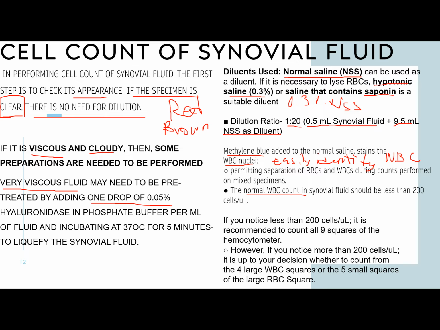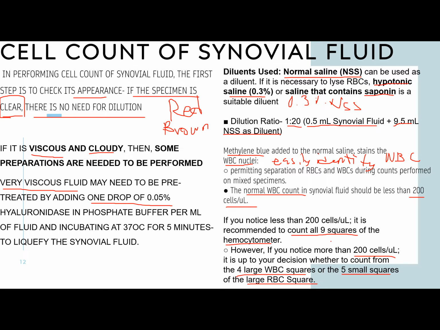Again, the normal WBC count should be less than 200 cells per UL. If you notice less than 200 cells per UL, it is recommended to count all 9 squares of the hemocytometer. But if you notice more than 200 cells per UL, it is up to your decision whether to count the 4 large WBC squares or the 5 small squares of the large RBC square.